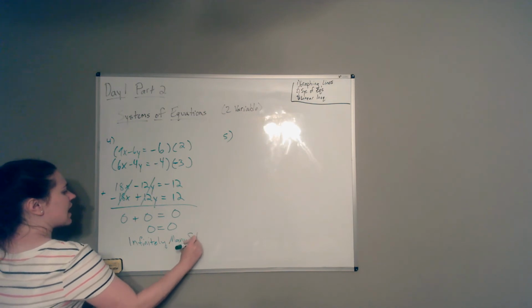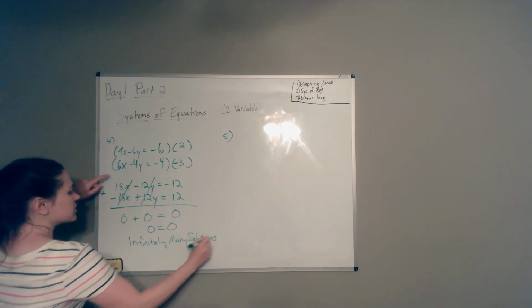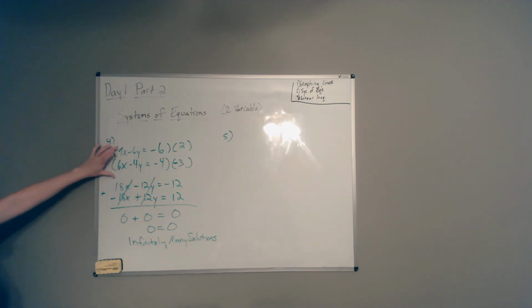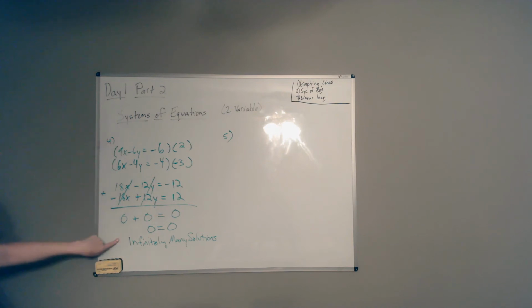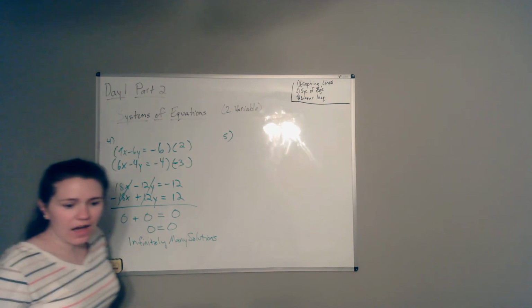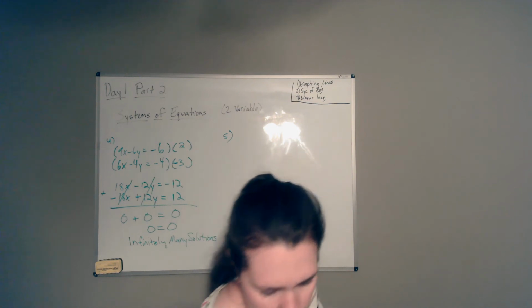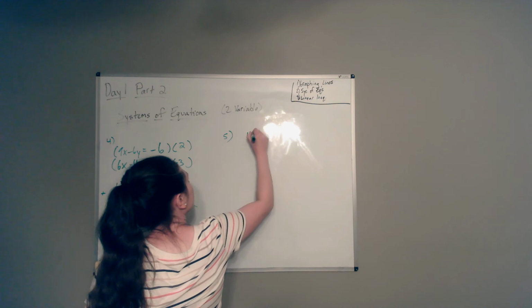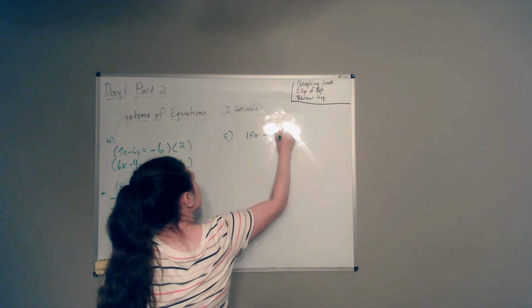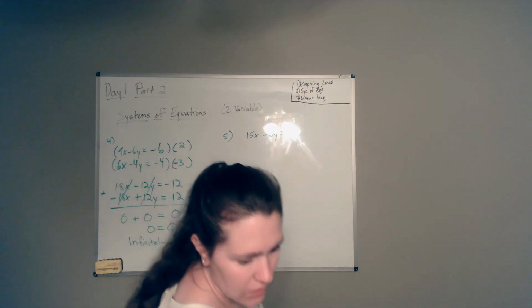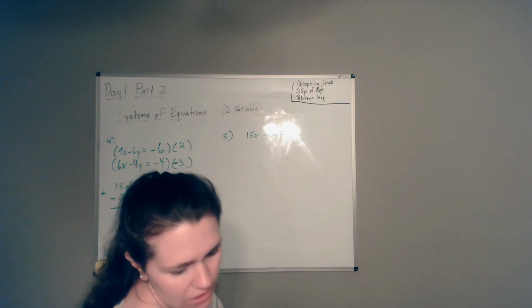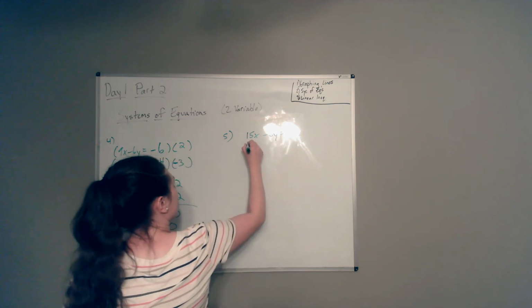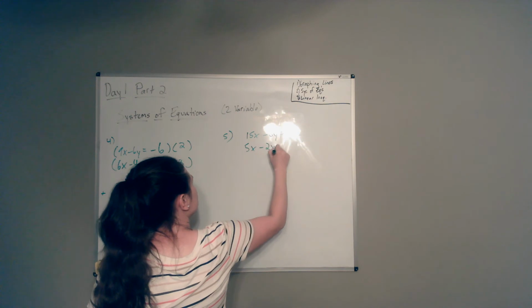What that means is any point that's on this line, since these are the same line, any point that falls on the line is a solution here. Number 5, we'll do 15x minus 6y equals 0, and 5x minus 2y equals 10.